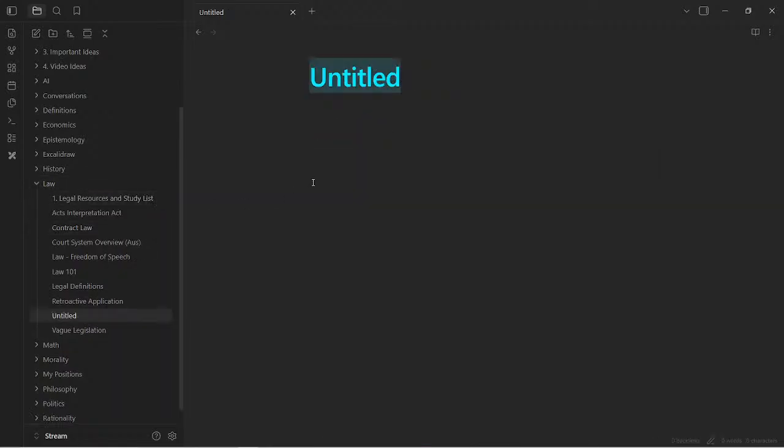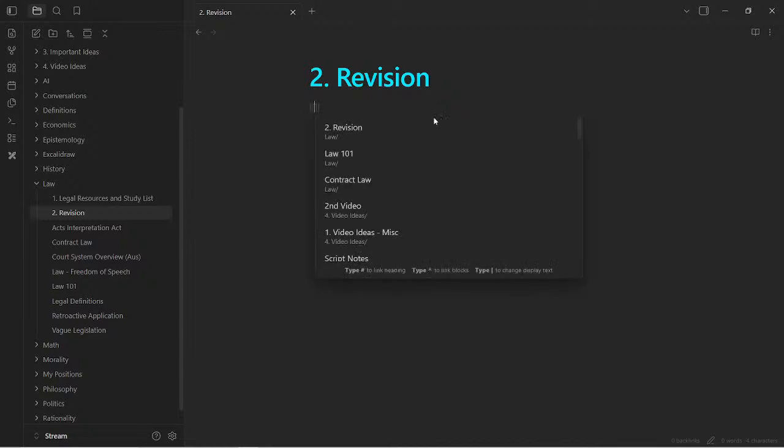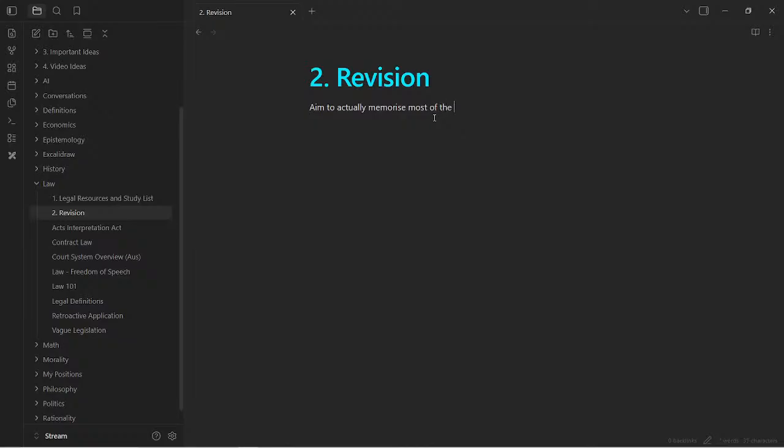For now, what we're going to do, aim to actually memorize most of the documents below.